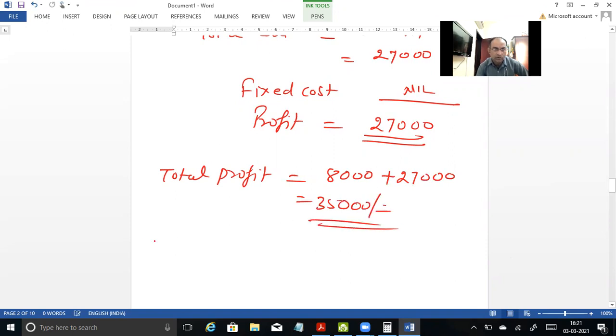That's all. So you can make a note that yes, it would be beneficial for the producer to go for the export market, as the overall profit will boost up from 8,000 to 35,000, adding 27,000 of foreign market profit. Because the variable cost is already recovered, and there is no extra fixed cost also.